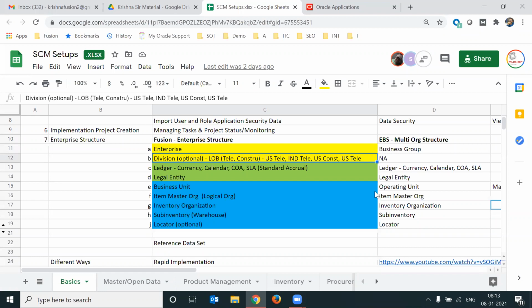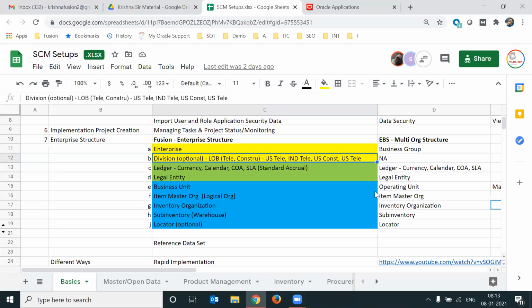If you take the example of Reliance Corporation as an enterprise, Reliance Entertainment is one division, Reliance Supermarkets is another division, and Reliance Petroleum is another division, because Reliance has different lines of business. It is into different streams. It has different products.